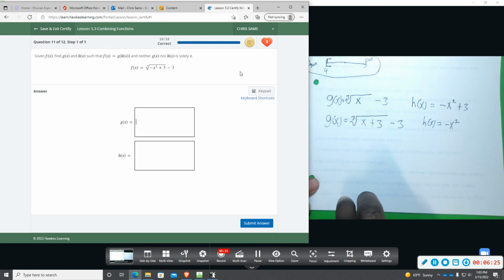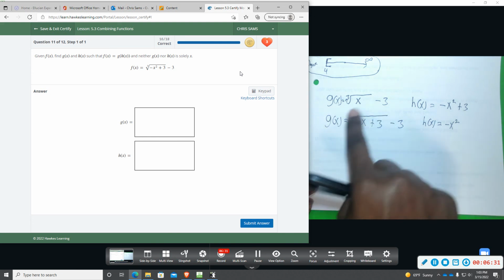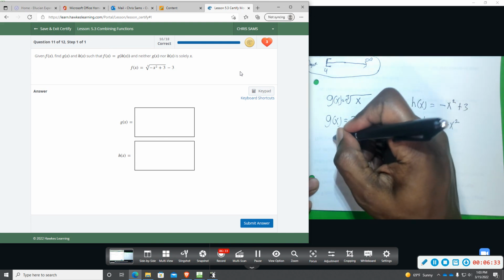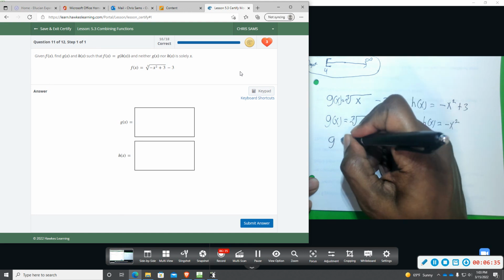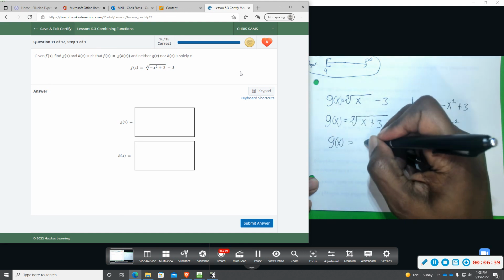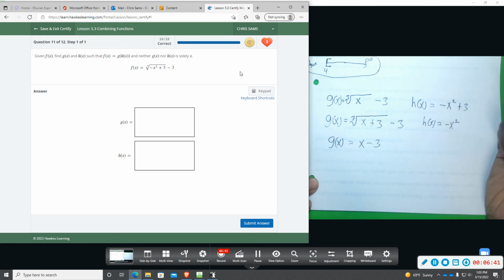And then after looking at this, we could also just replace this whole thing with x. We could also say that g of x is equal to x minus 3.